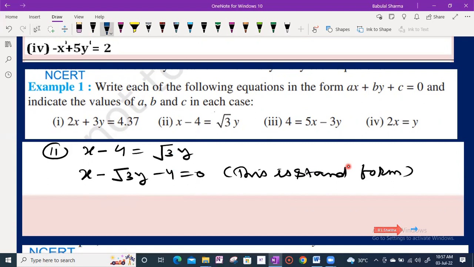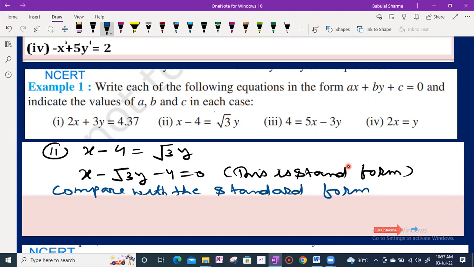Now what we do, compare with the standard form. Standard form है, that is ax plus by plus c is equal to 0. देखिए इसमें the coefficient of x is a and here the coefficient of x is 1.